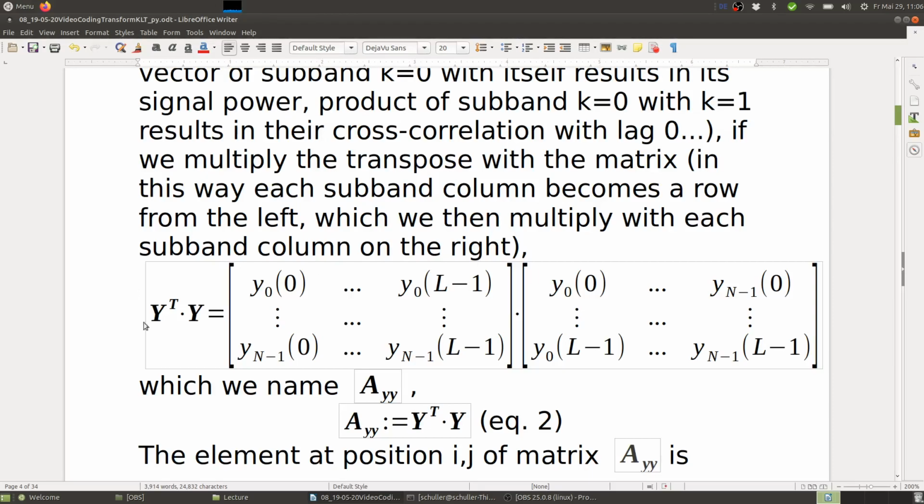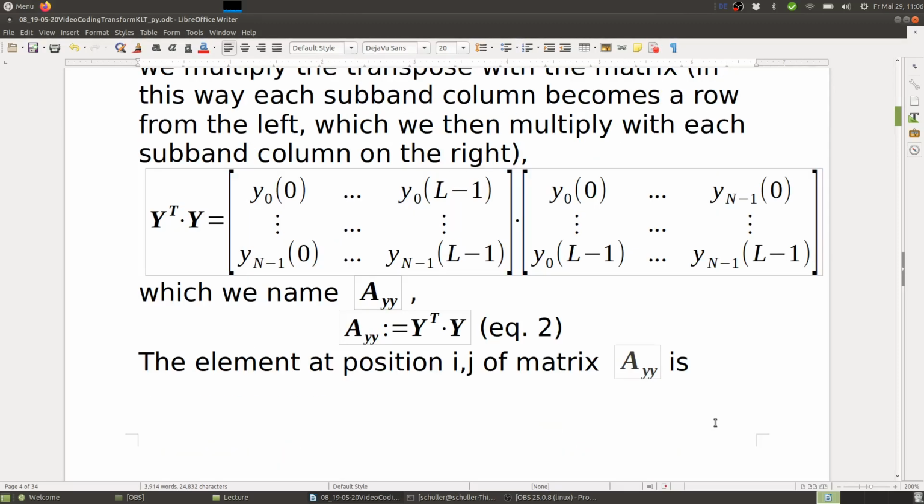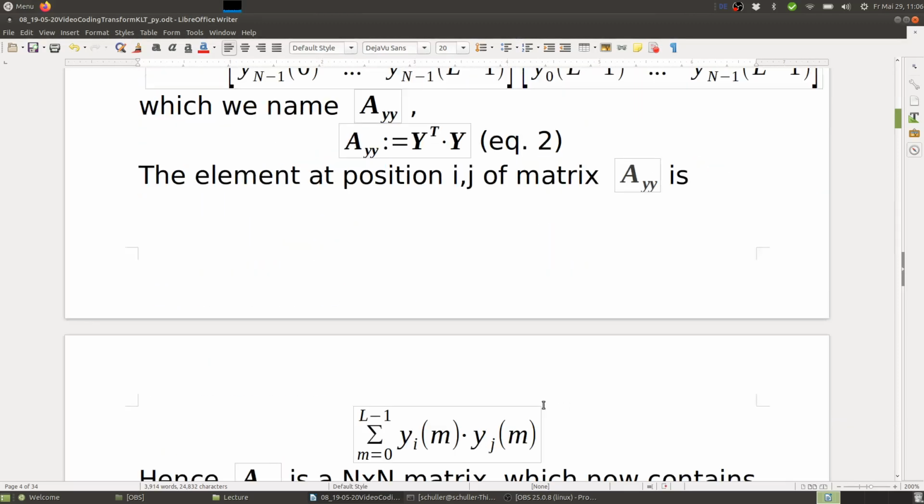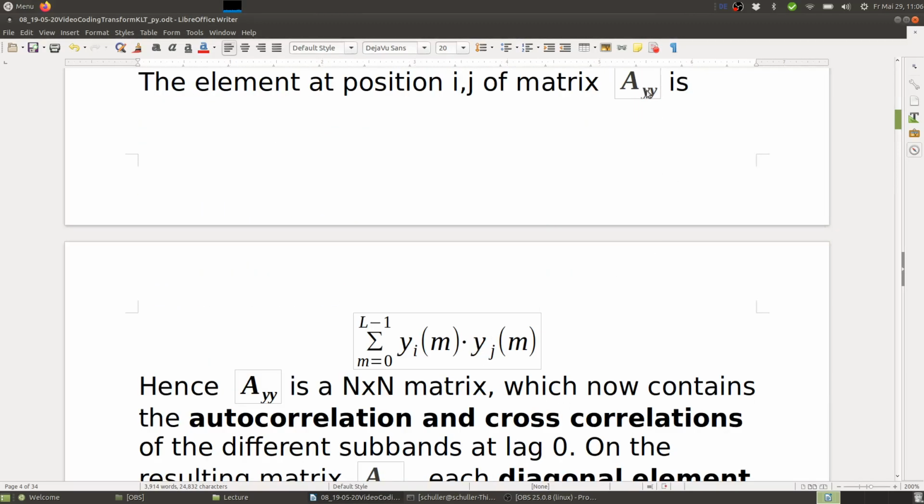Right. So this is now our optimization goal. We have AYY as Y transpose times Y, and we want this to be a diagonal matrix. So here each element AYY consists of this cross correlation with lag 0. Right? We take channel number I, or subband number I, subband number J, and we multiply the two.